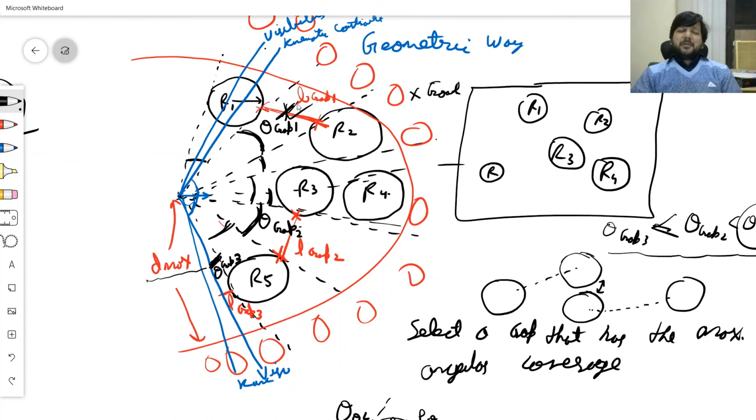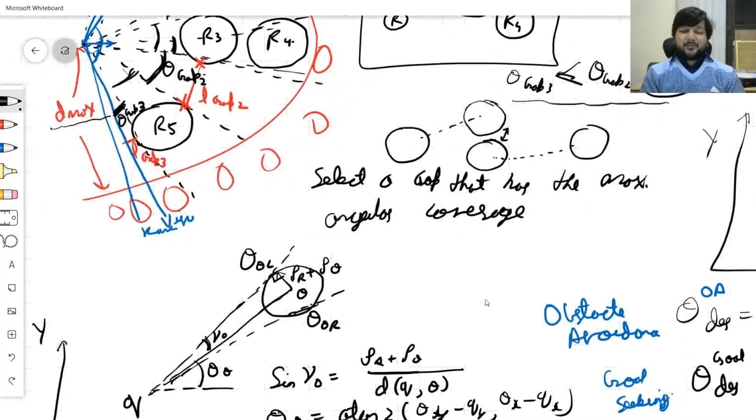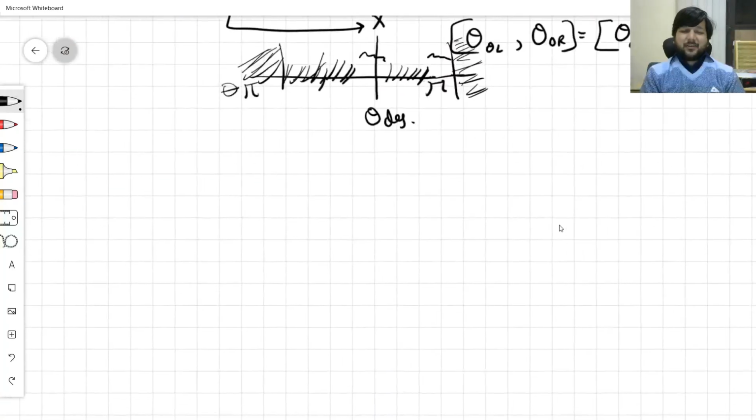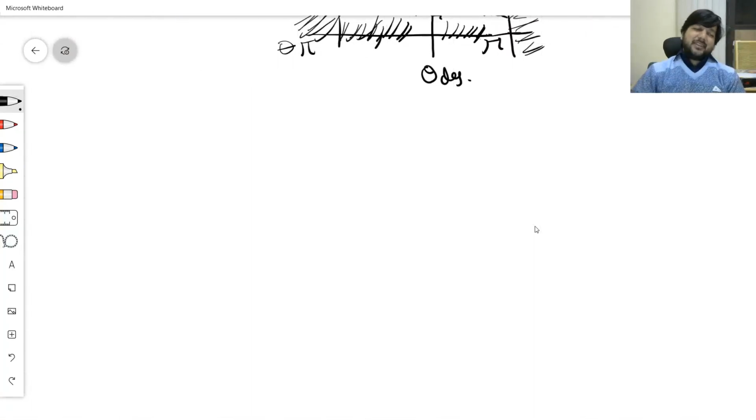The only problem is it's only obstacle avoidance and it is not goal seeking. So goal seeking, I'll add a different behavior. So I say a fusion as W1 times obstacle avoidance plus W2 times goal seeking, and I add the goal seeking behavior similarly.